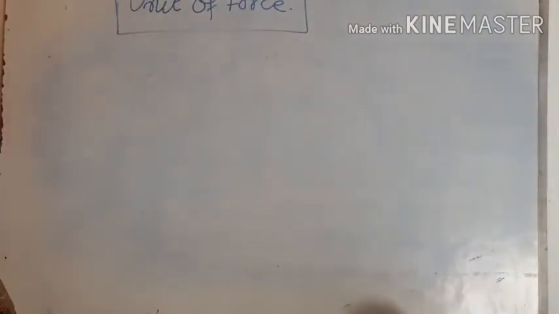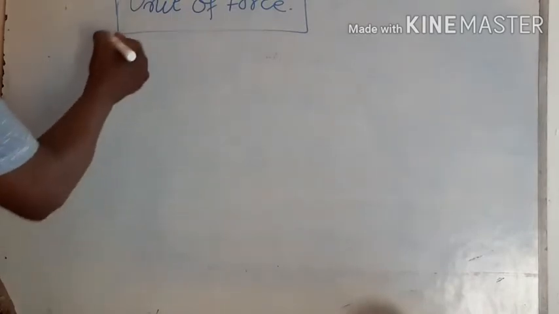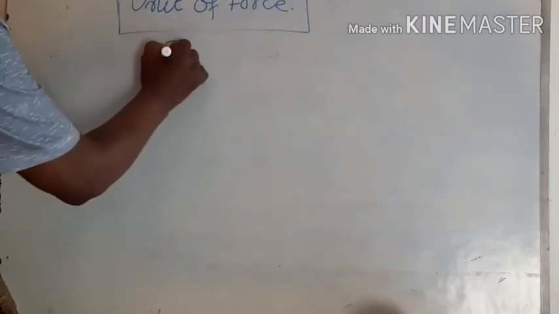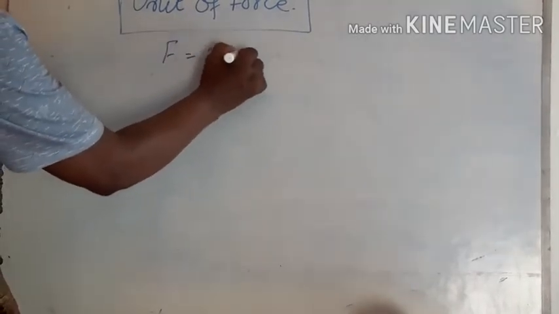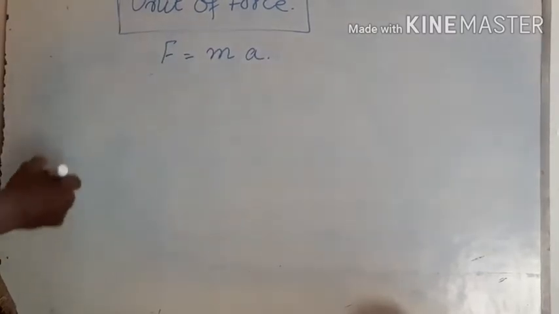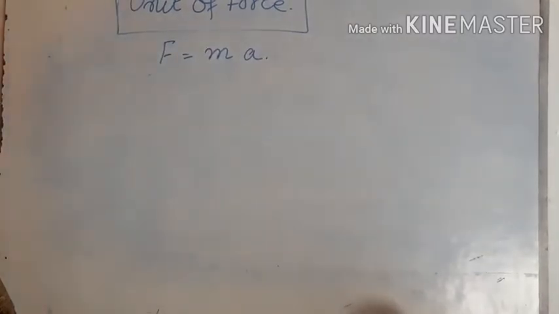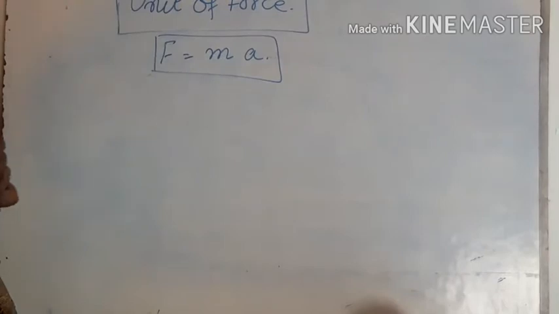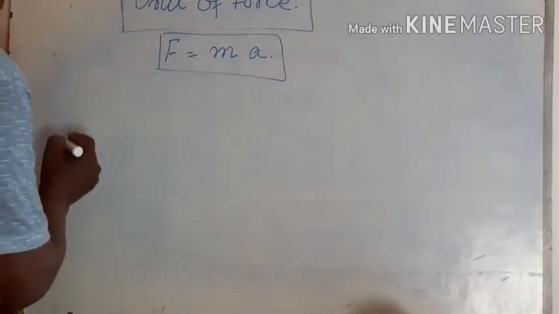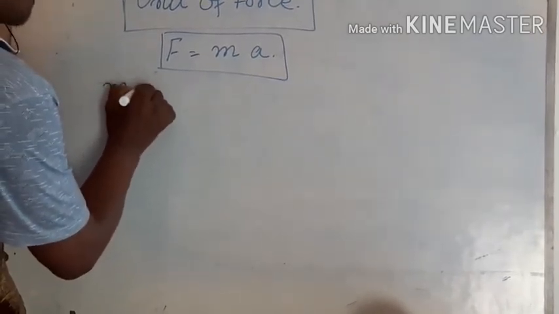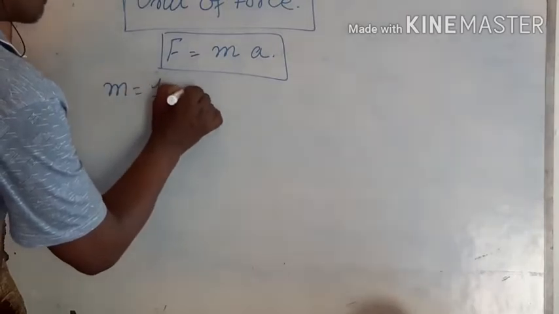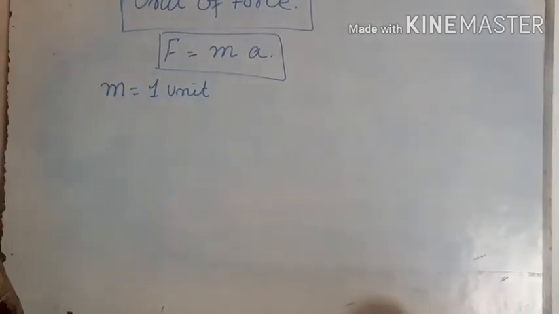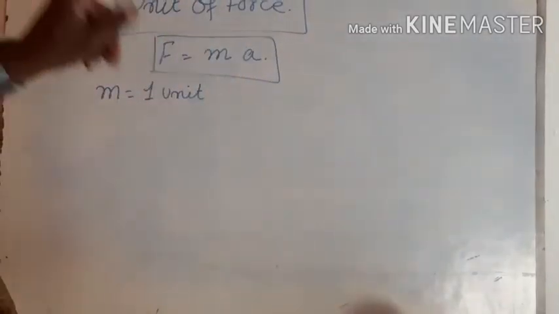For this, we again apply Newton's second law in scalar form, that is force is equal to m into a. Now in this scalar mathematical form of Newton's second law, suppose that m is of 1 unit. I am not saying gram, centigram or kg. Simply I am saying 1 unit.